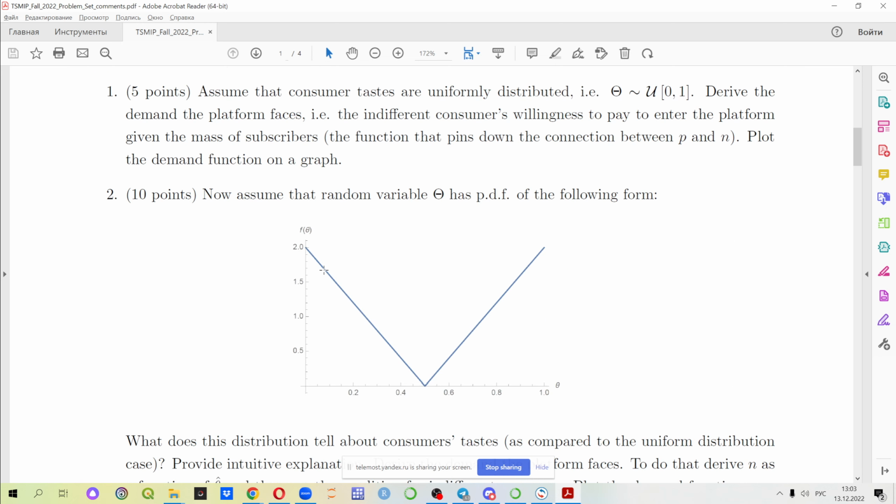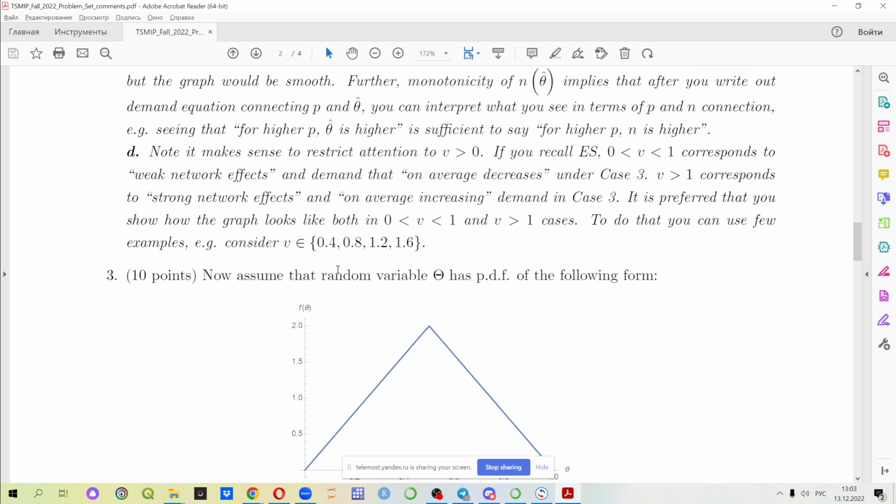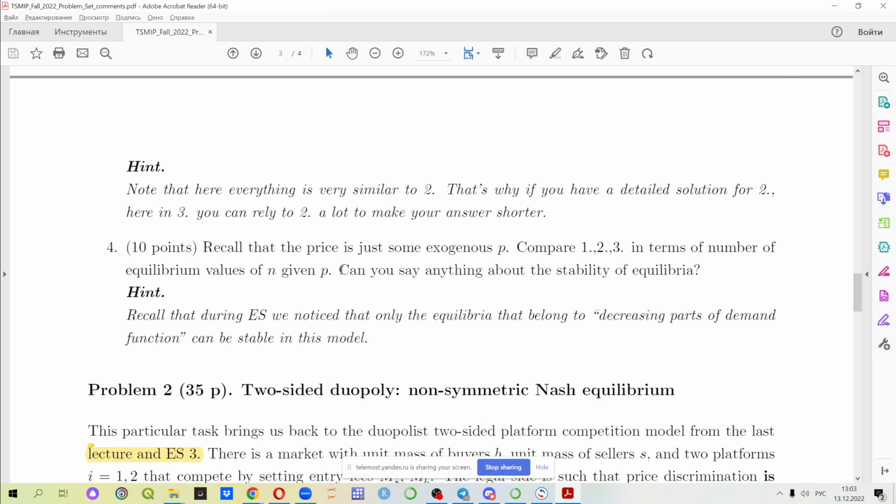Well, the first task seems doable. I hope so.